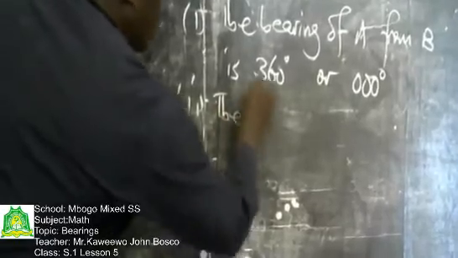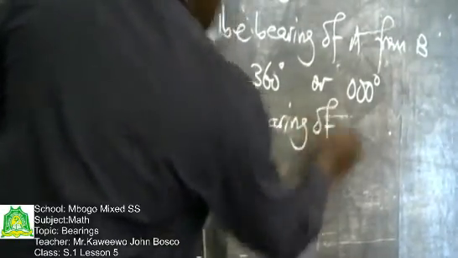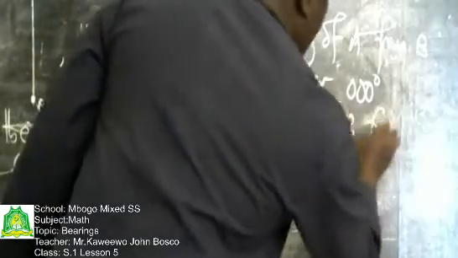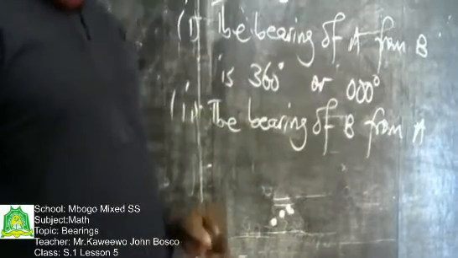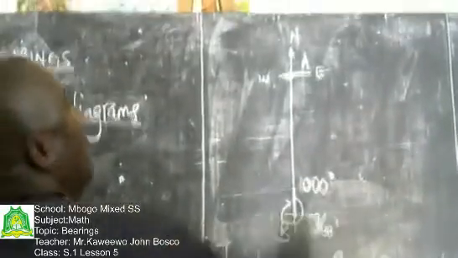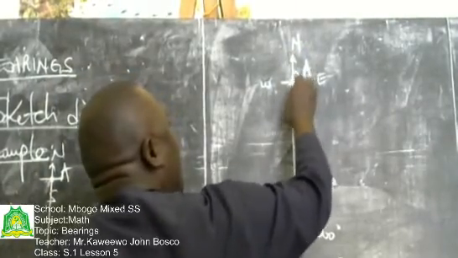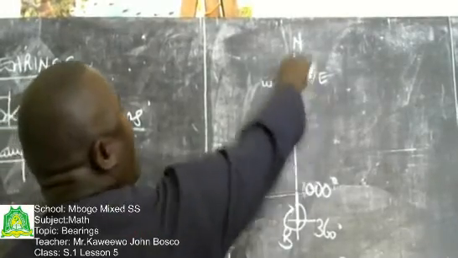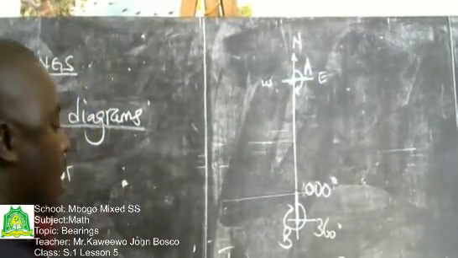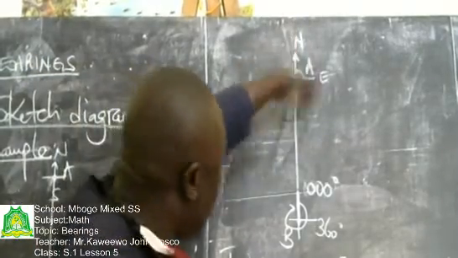Bearing of B from A, now that means we are going to stand at point A and measure the angle. Point A, as seen here, angle from north towards the direction of B. This angle will make a straight line angle, and that is definitely 180. 90 plus 90 is 180.